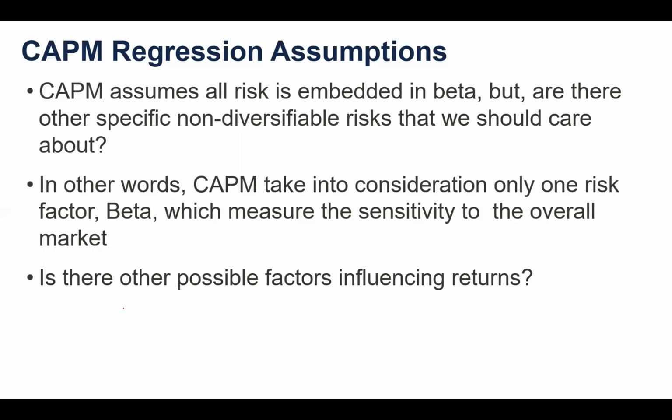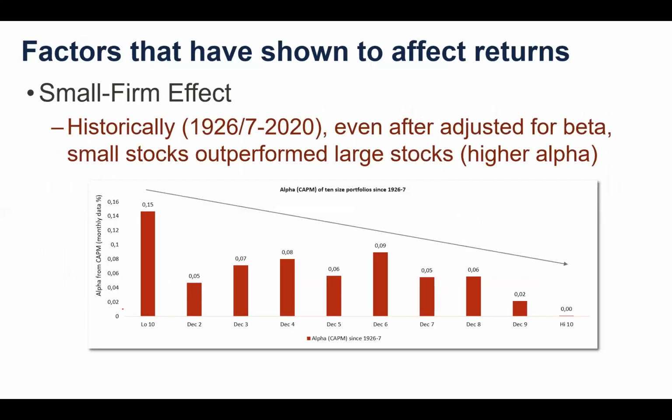This is a question that came out a couple of decades ago, because they were seeing some anomalies in the market, some effects or factors that have been shown to affect returns. In the CAPM regression, they were embedded in beta. One of these factors is the small firm effect.